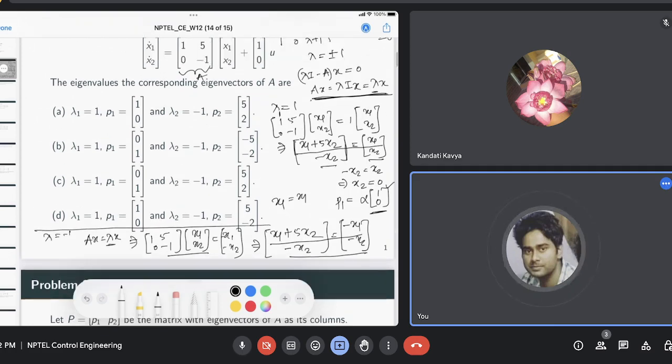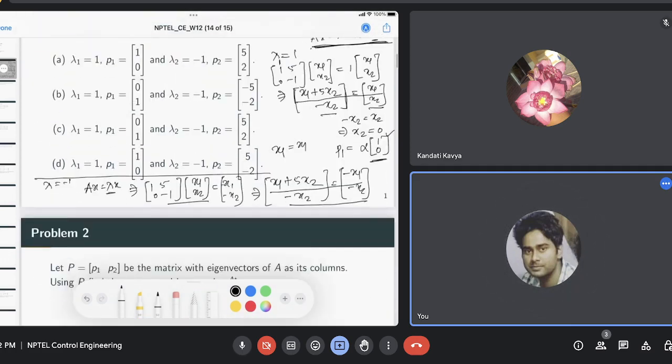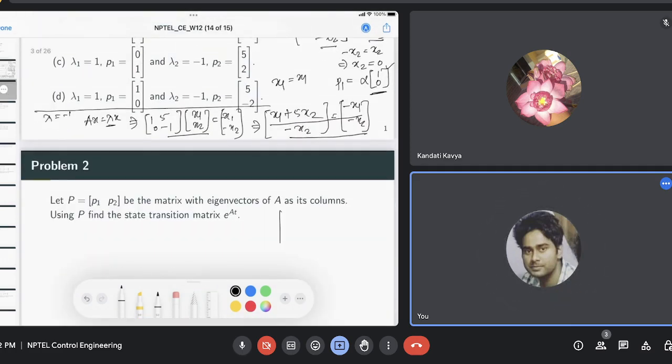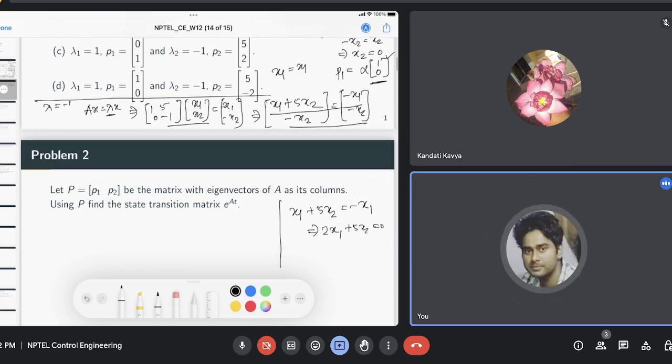So the first condition is x1 plus 5x2 equals minus x1, which implies x1 plus 5x2 equals 0. So I can choose x1, x2 such that this equation is satisfied. One particular choice will be minus 2, 5, or I can choose 2, minus 5, and so on, any scalar multiple of that.